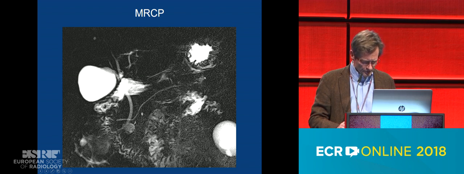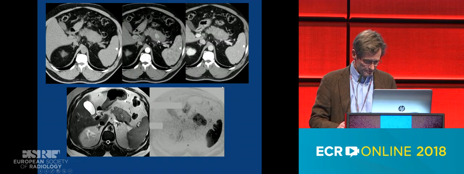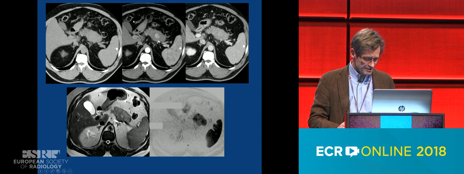I still don't know if this area here, which is quite bright, corresponds to the central portion, but it could be the case that was seen on T2 weighted MR. So this is the full pattern on CT and non-enhanced MRI.